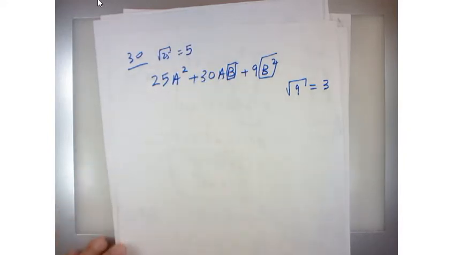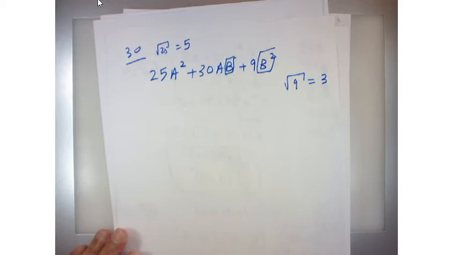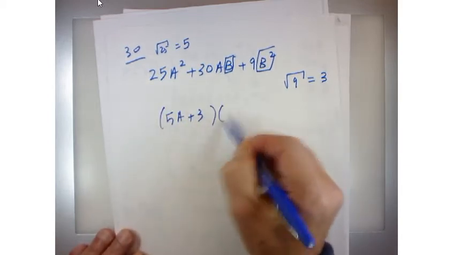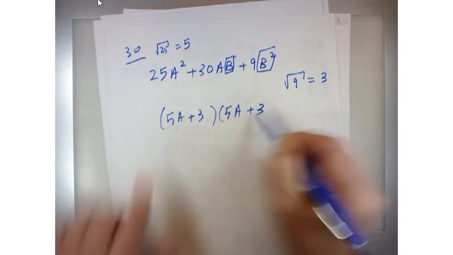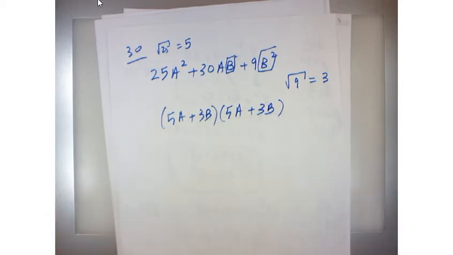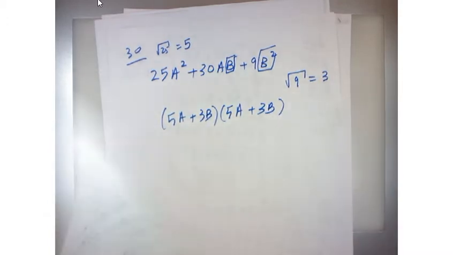So we suspect it's going to be 5a plus 3 and then 5a plus 3. Right? We square root each one of these and then the b. And you can check your work and you can see it's going to work. Okay, so that's basically perfect square trinomials.